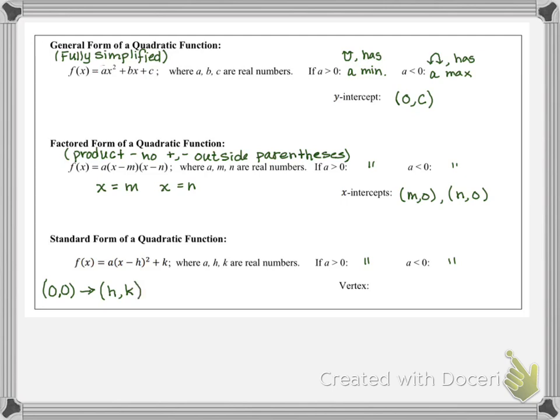The stretch factor doesn't affect the vertex because multiplying 0 by a will just give you 0 again, right? So that stretch factor causes a stretch through multiplying the y-coordinates. And so since our y-coordinate started out as 0, multiplying by a won't do anything to change it. So that's kind of nice because whatever your vertex is, you know it came from (0, 0), and it was always a result just of shifts, not ever of stretches. So our vertex is (h, k).